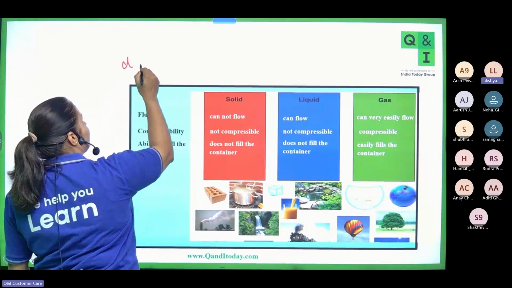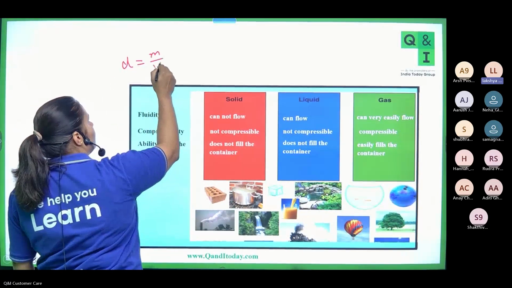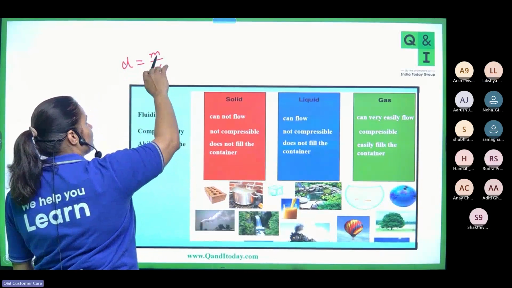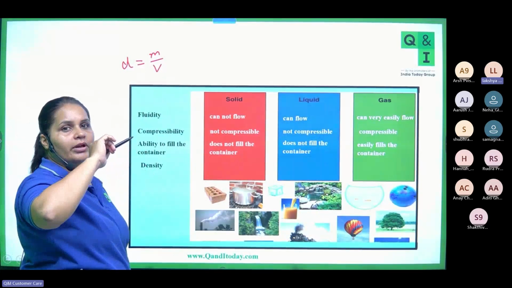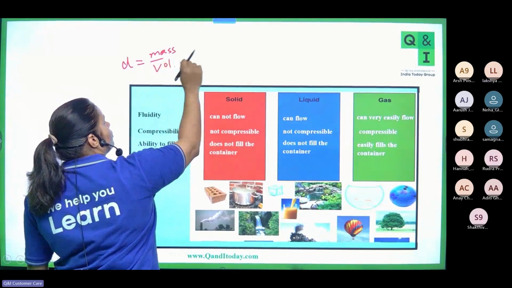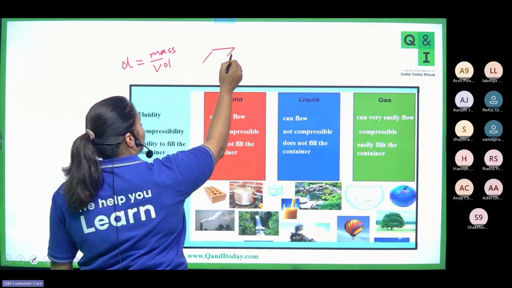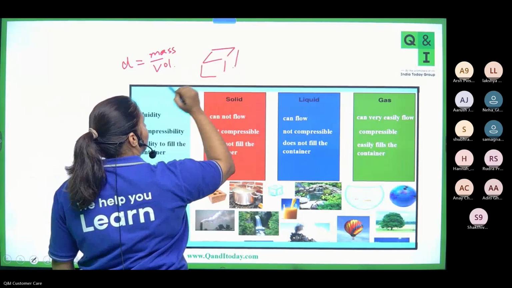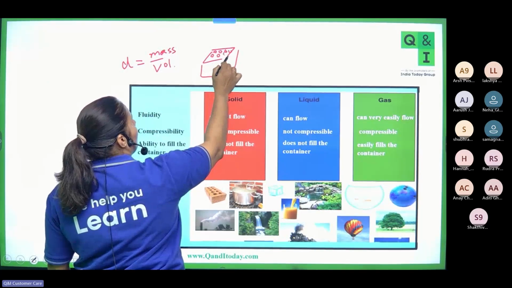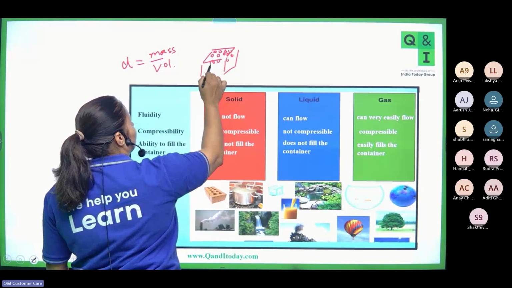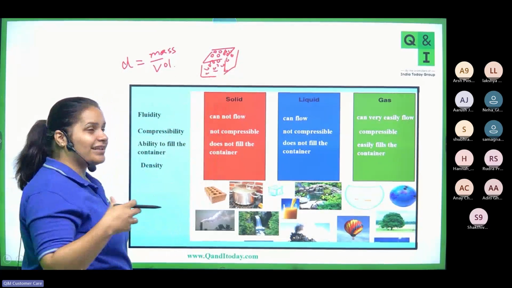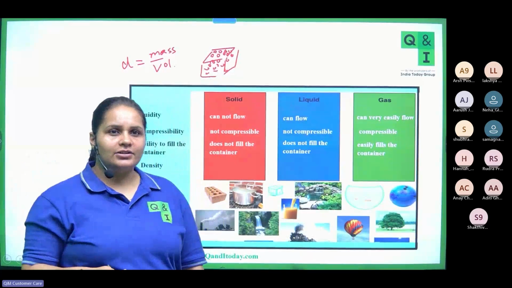So density, rho equals M by V, mass over volume. So if I take this much volume, how much mass? So basically it is telling how much amount of matter is present in it, right? How much mass is present in the given volume, that is density. Understood?